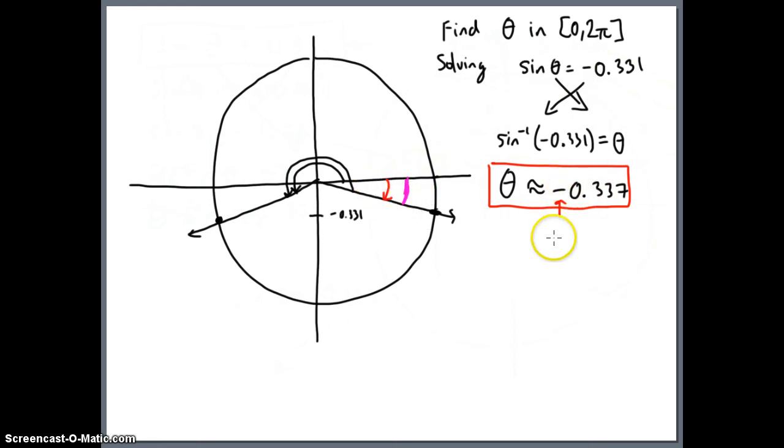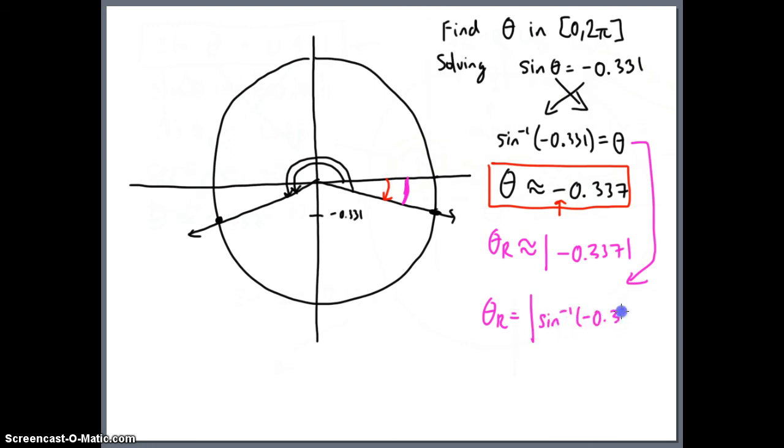So take the absolute value of this angle. Theta r is approximately the absolute value of negative 0.337, and you really shouldn't use the approximation. You can just go back here, and theta r is going to be the absolute value of sine inverse of negative 0.331, and this number will be approximately positive 0.337.